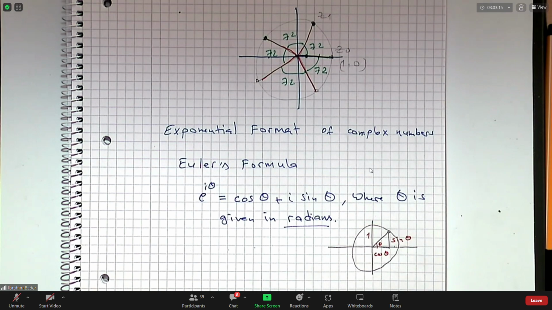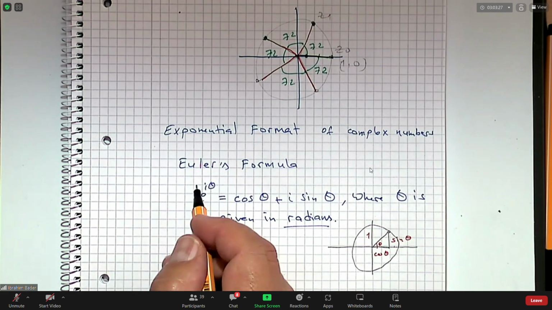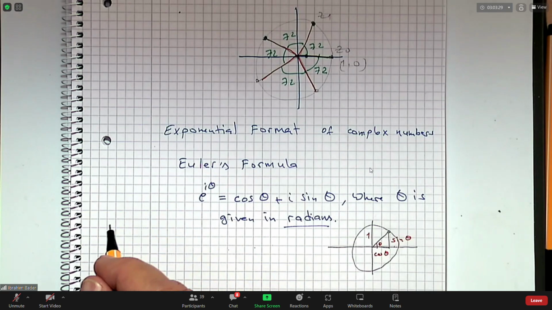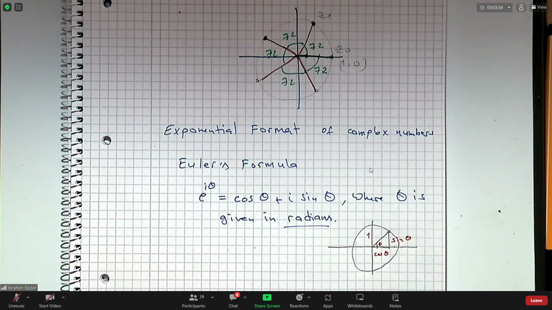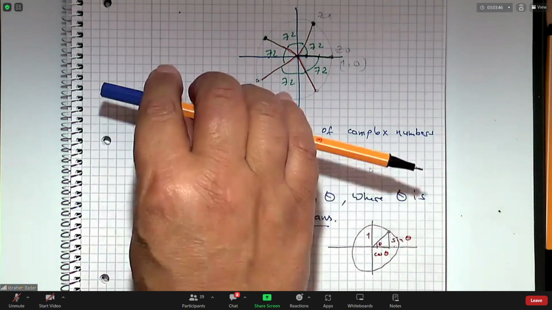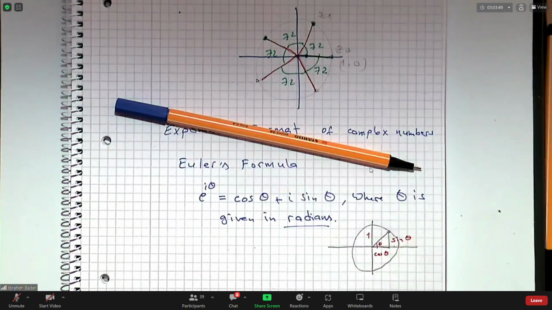Now notice here that if you repeat it by 2 pi, you will end up at the same place. Because the trigonometric functions are periodic, it follows that this formula is also periodic.